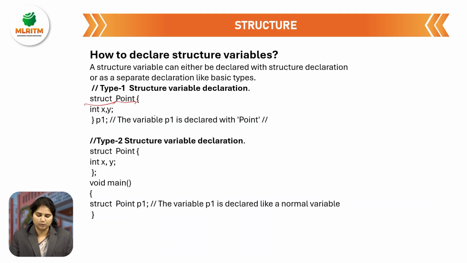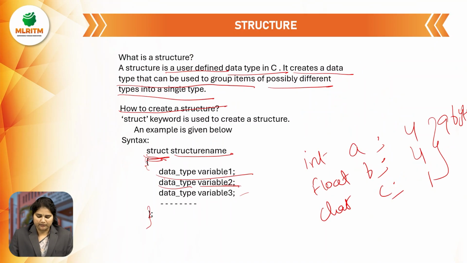We are declaring 2 variables x and y. And when we close this curly brace, right there we write the variable, that is P1, and we give a semicolon. In this declaration we must write the semicolon. If we don't write the semicolon, then it will show an error.